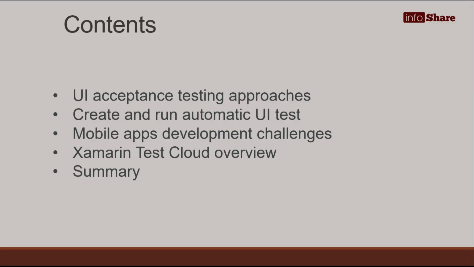All right, so the contents of this presentation. First, we're going to talk about some approaches to automatically test mobile applications. Then I will show you how to actually create an automatic unit test by writing some simple piece of code.